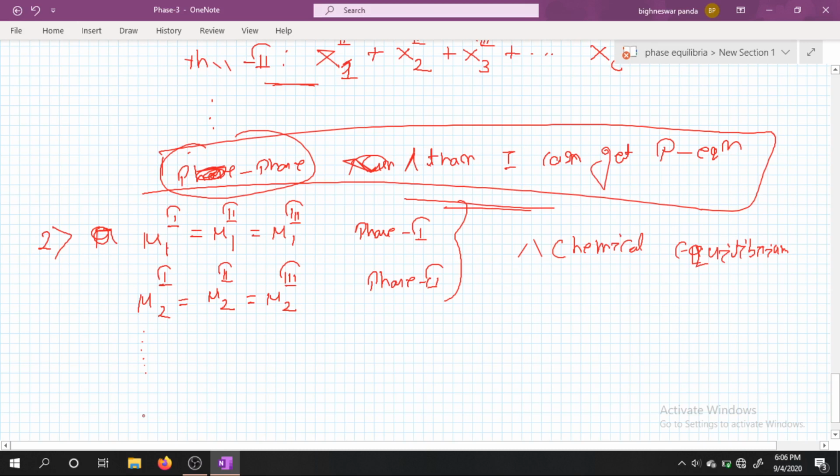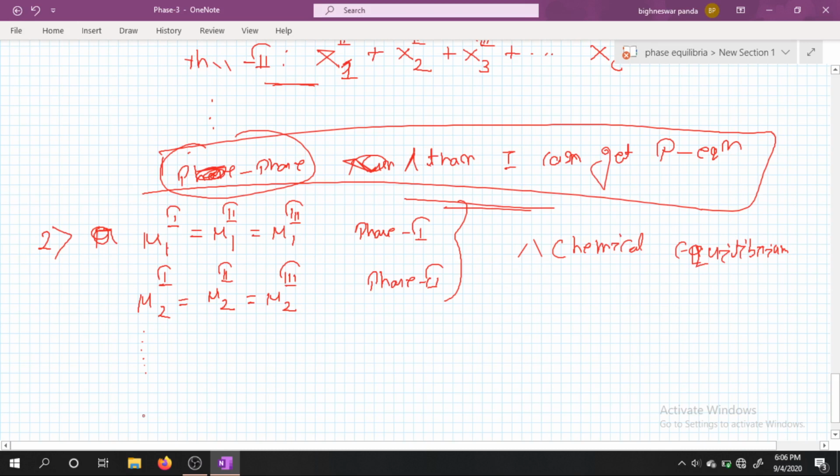How P minus 1 equations? That means if A is in equilibrium with B, B is in equilibrium with C, we need two equations. That means this is phase 1, 2, 3. When there are 3 phases, we need 2 equations. So for P phases, we need P minus 1 equations.